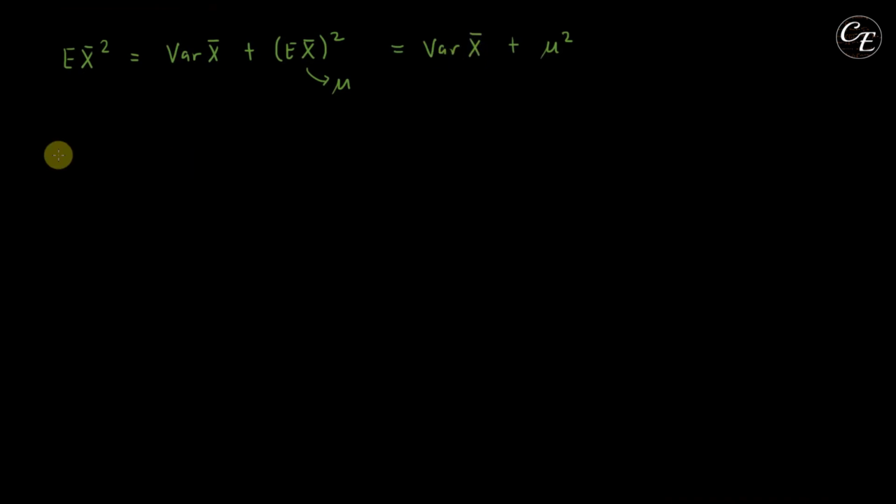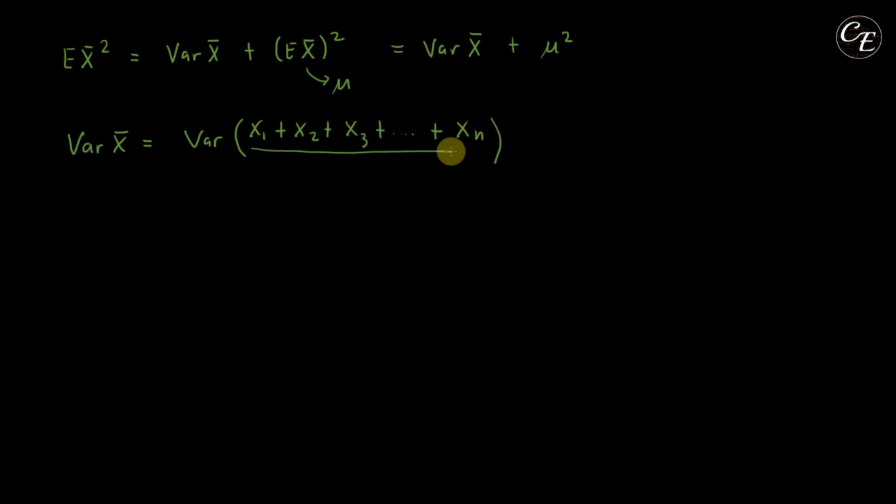Now let us determine the value of the variance of sample mean. So we have variance of x bar is equal to variance of x sub 1 plus x sub 2 plus x sub 3 plus etc. until x sub n, all over n.